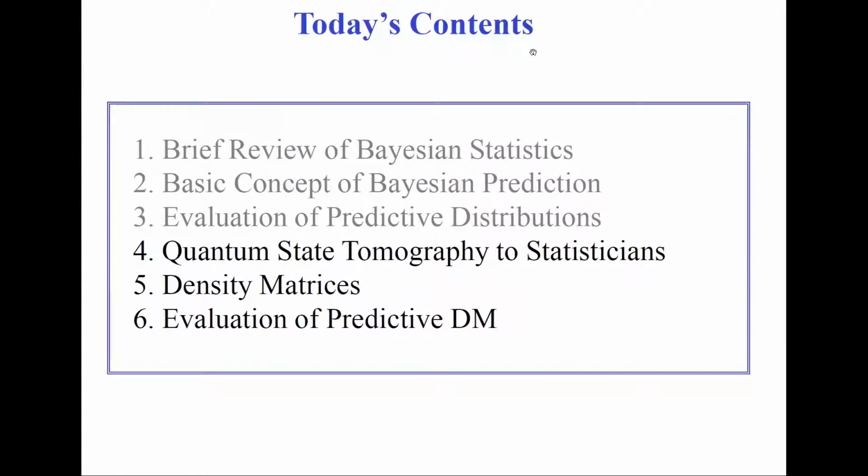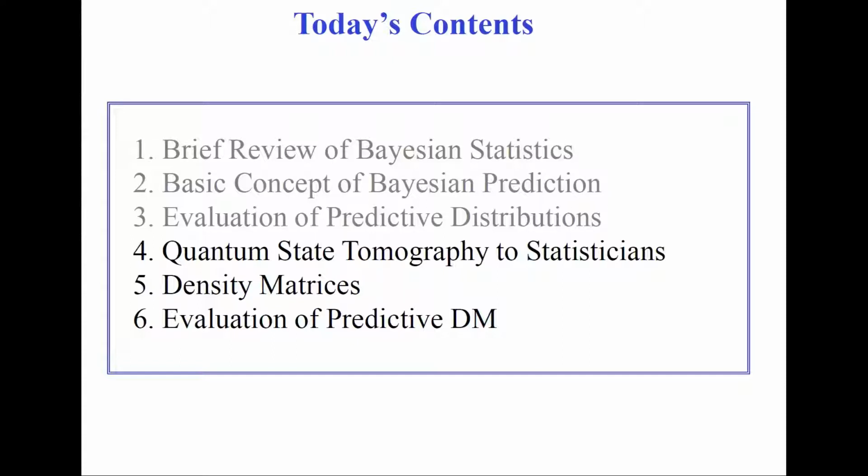Here are today's contents. We will see less than half. First, we briefly review quantum state tomography. And this talk is not for physicists, but for statisticians. So we ignore detailed quantum theory or quantum information. Okay?